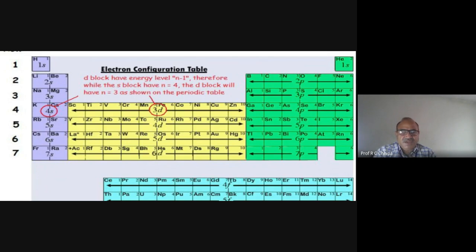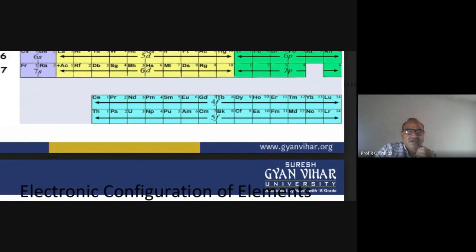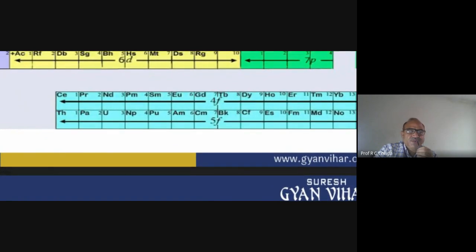Here at the bottom are the f block elements, and all of you can see here cerium, then praseodymium, neodymium, and lastly we get uranium.